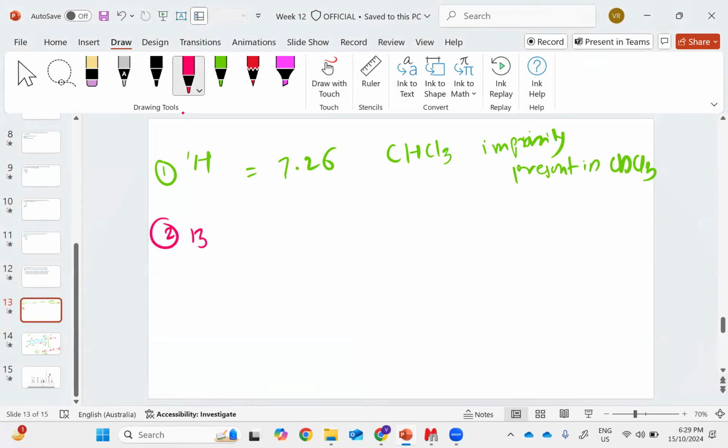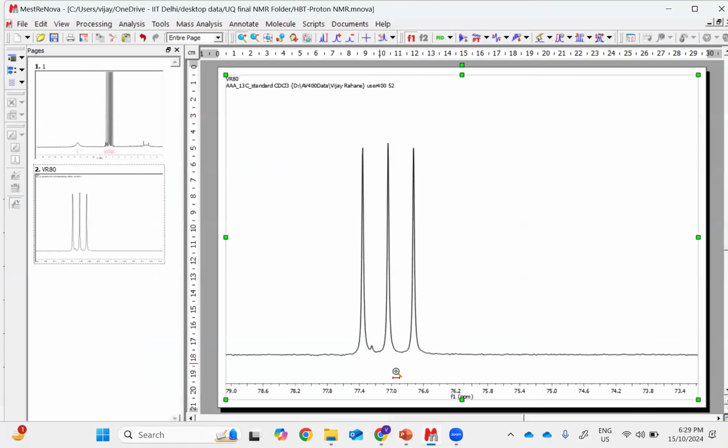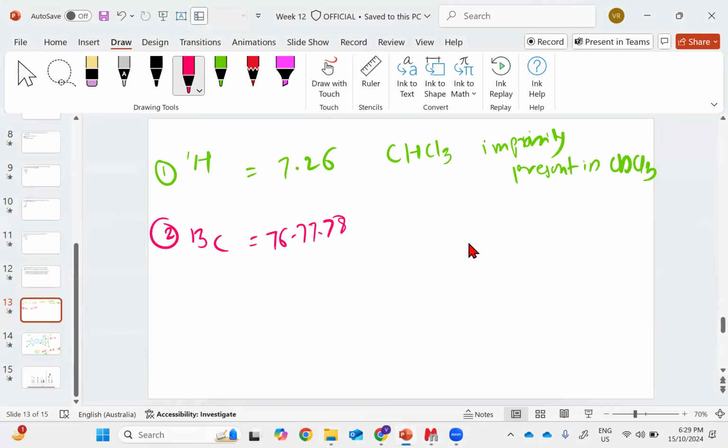But if you look at the 13C NMR spectra, we observe the peak at 76, 77, 78. That sort of range we can see here also. So you can see 76 to 77. In this region, I'll just label 76, 76.5 and 77.